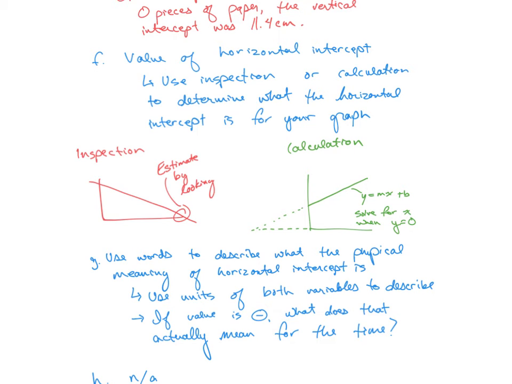However, not every graph shows this very clearly. If you can't see where the line would cross the intercept, you're going to calculate it. You have the equation for your line, and you need to solve for the value of x when y equals 0. Those are the two possible ways to get the value of the horizontal intercept.